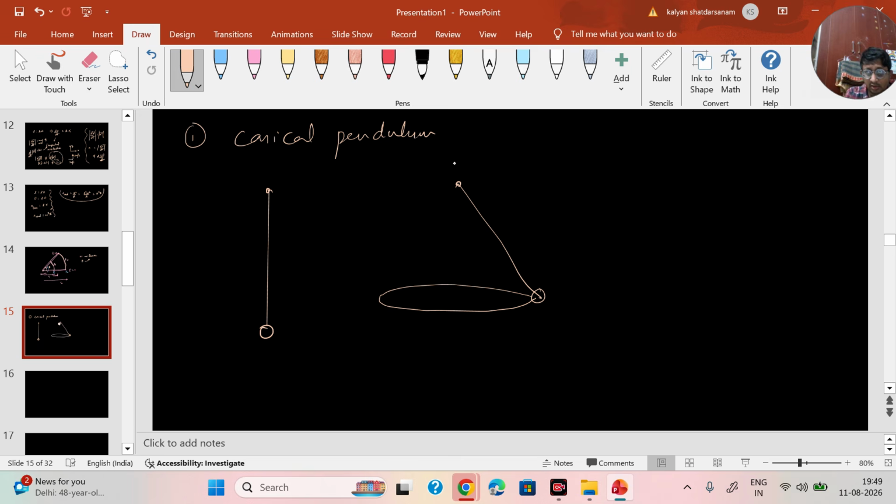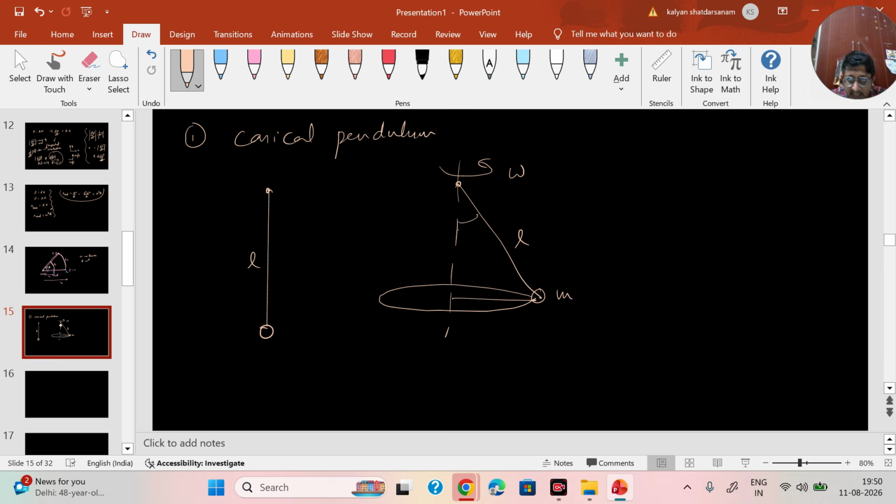So basically it's going with some angular speed omega in a circle. The stone is going in a circle of some radius. The length of the string is given to us, with angular speed omega. Now I want to do some analysis. The mass of the stone is m. I want to find the angle it makes with the vertical if you are rotating with omega.